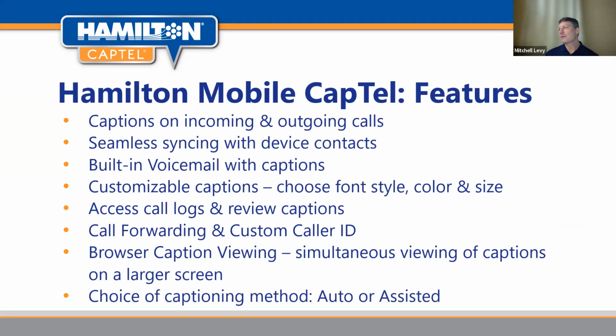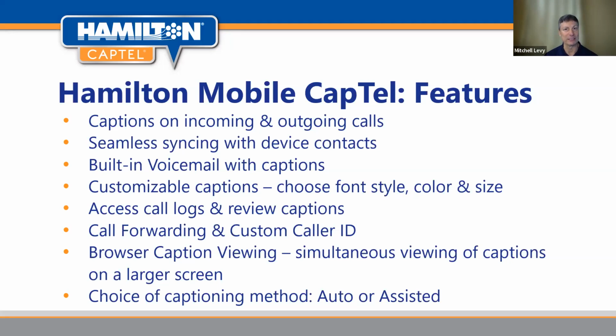Here are some of the Hamilton Mobile CapTel features. We're going to talk about some of these, and I'm going to pinpoint them during the demonstration so that you can see where some of these are located. First, captions on incoming and outgoing calls. You can sync your iPhone contacts, so you don't have to create a new contact within the app.